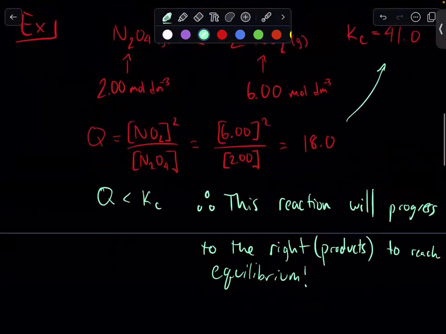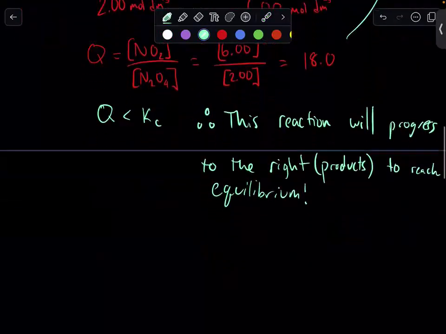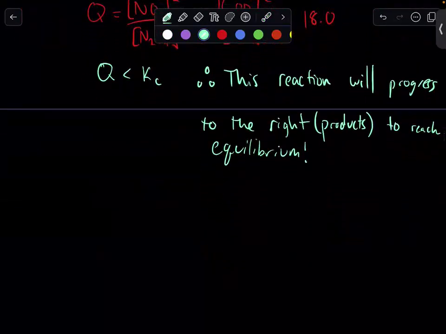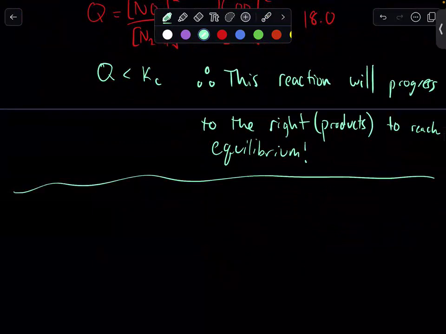So that's what the reaction quotient Q allows us to do. We can predict where in our reaction we are and what must happen so that equilibrium can be achieved. We can just simplify this at the end by just saying if our Q is less than Kc, we know that our reaction progresses to products.